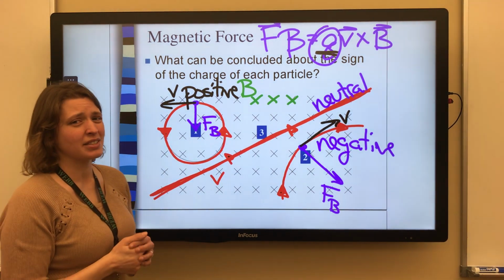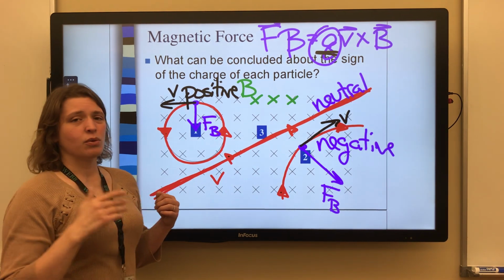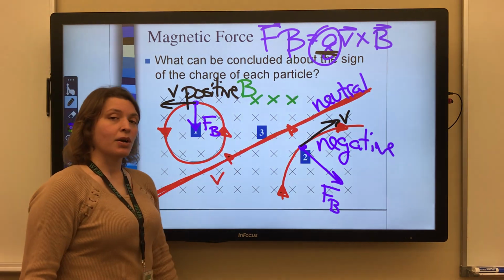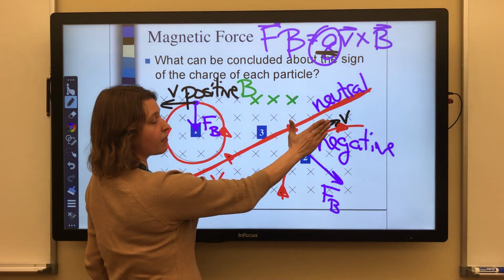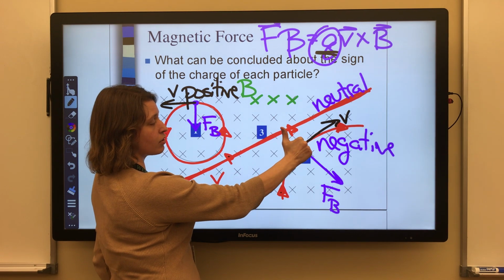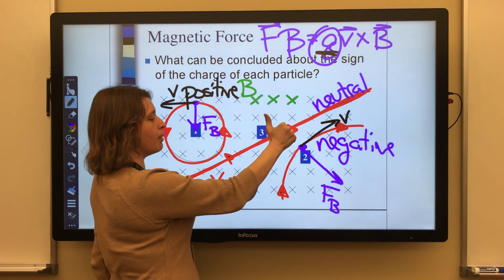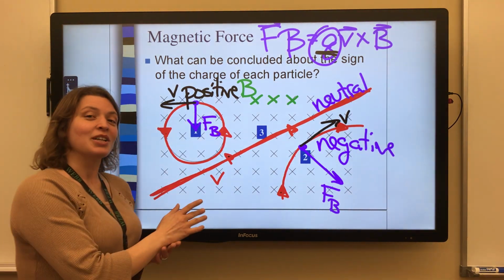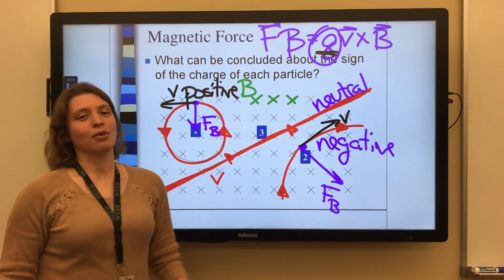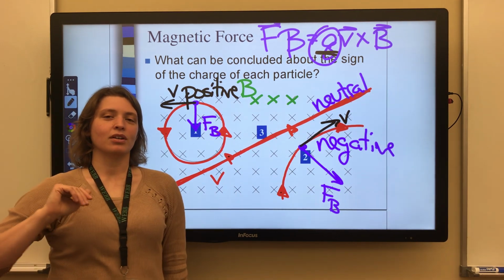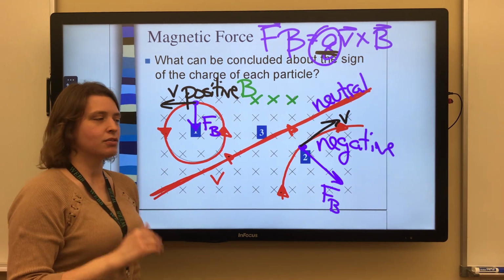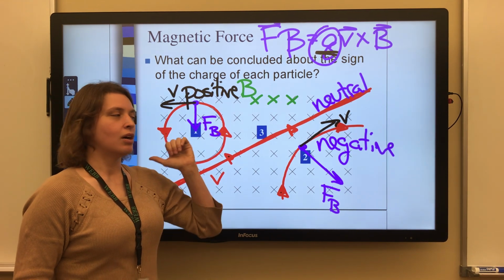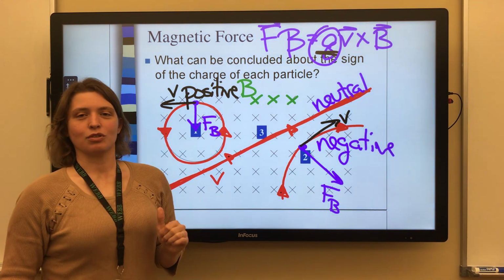There's a couple different ways to think about this. If you use the right-hand rule for your negatively charged particles, you could align your fingertips with v, curl your fingertips towards B, and the thumb gives a direction that's opposite the expected force for a negative charge. You can do it that way. There's also the possibility of a left-hand rule. You always use your right hand when you're trying to identify what's happening with a positive charge, and if we use our left hand, then that'll give us the direction of the force on a negatively charged particle directly.